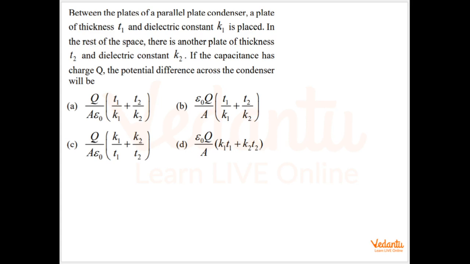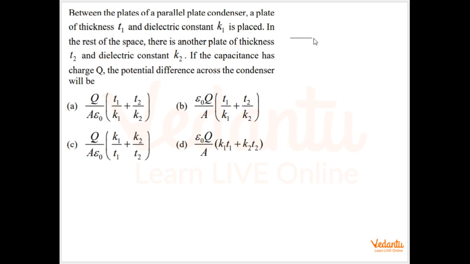In the next question, between the plates of a parallel plate condenser, a plate of thickness T1 and dielectric constant K1 is placed. In the rest of the thickness, another plate of thickness T2 and dielectric constant K2 is placed. If the capacitor has charge Q, we have to find the potential difference.